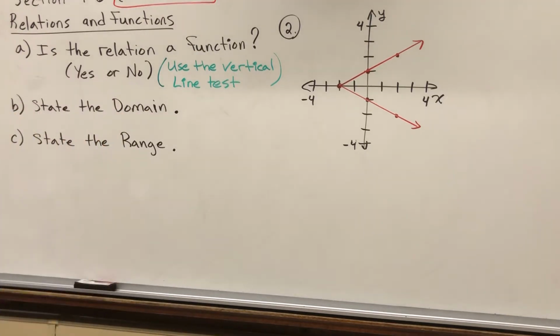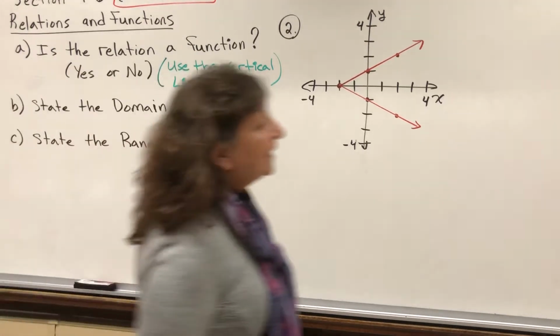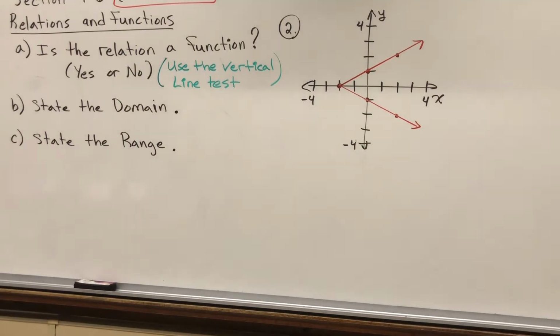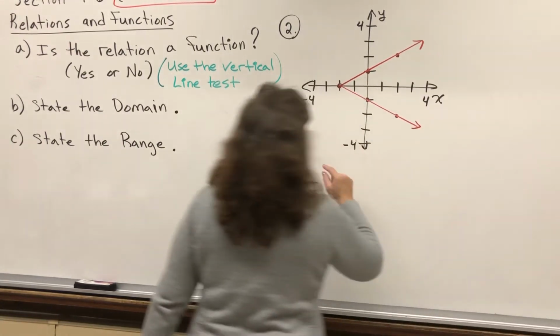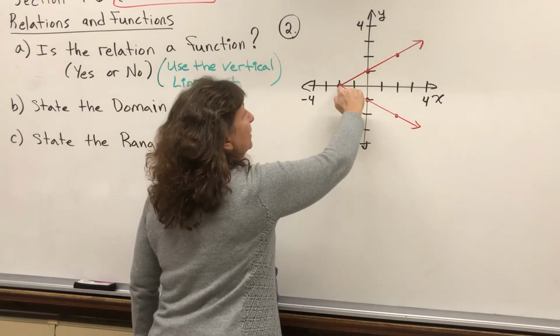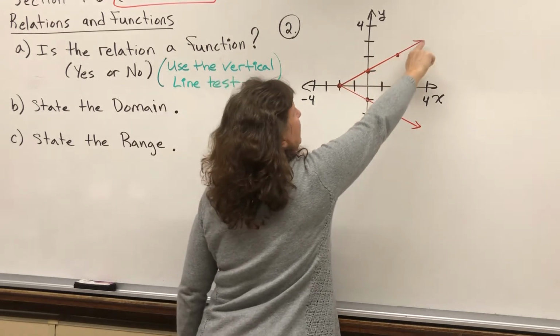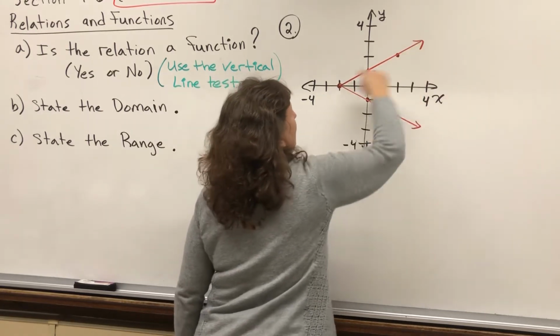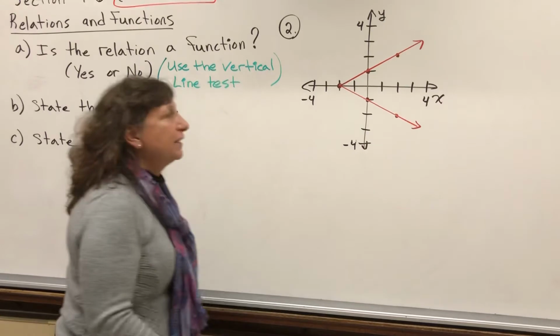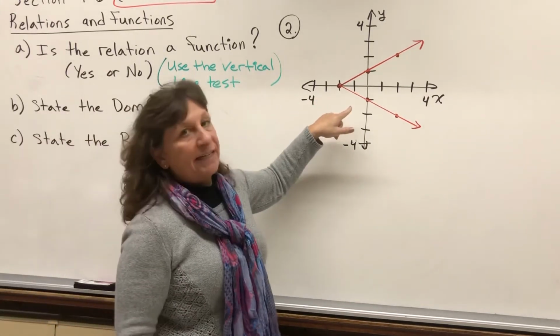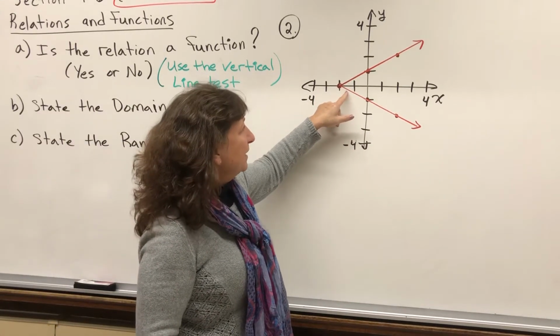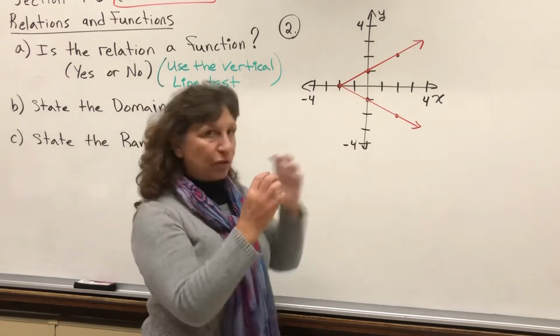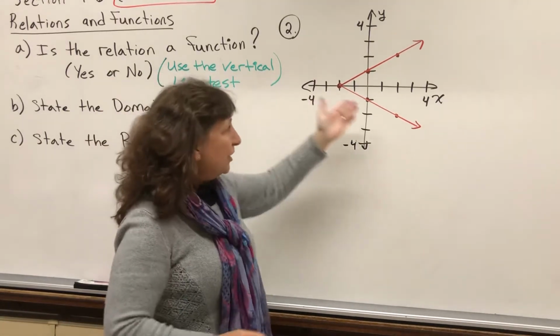So in example number 2, I gave you a continuous relation. If I were to graph this, I would start here and it continues on forever and ever, or I could go like this and then put the arrowheads in it. But there's no break in between this point and this point and this point and this point. They're so close together that it's just continuous.